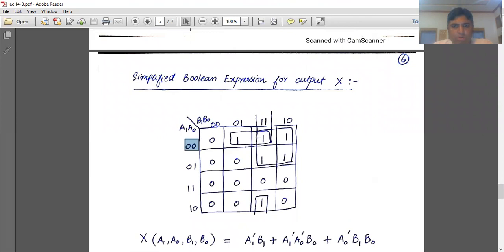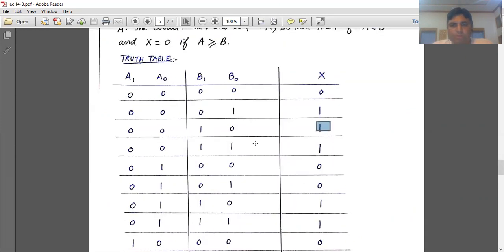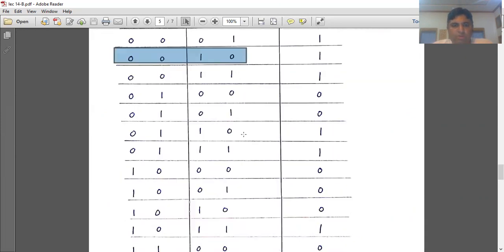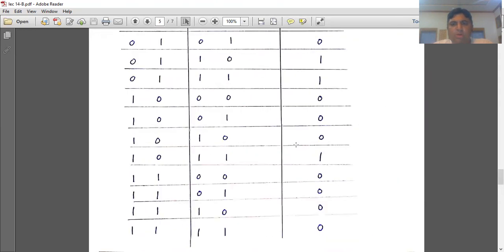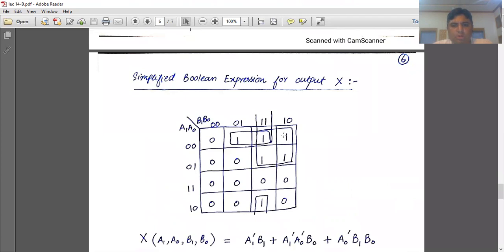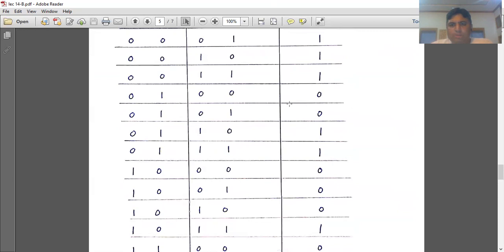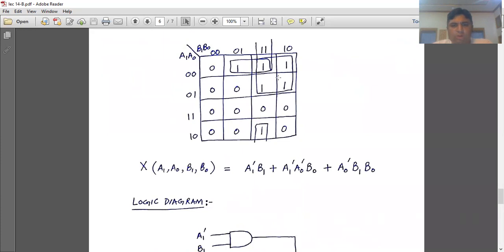0 0 0 1. This column, this scale. Then there is 1 0 0 1 0. This one. Then this one 0 0 1 1. Then again this one is 0 1 1 0.